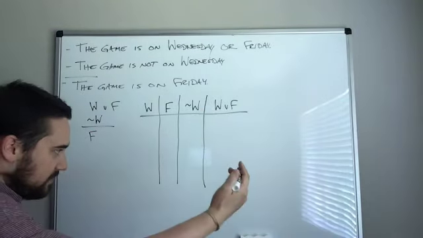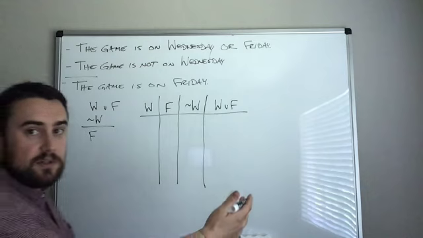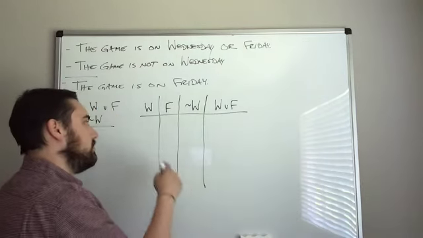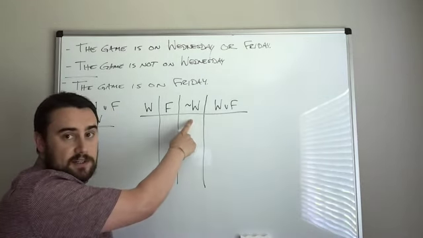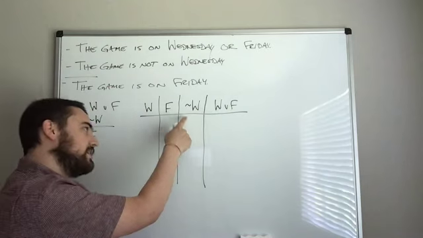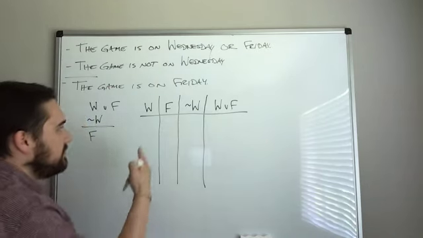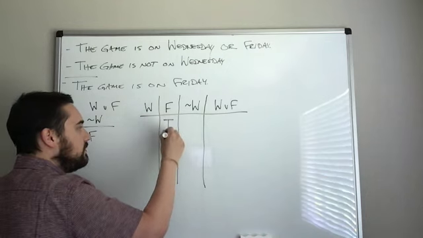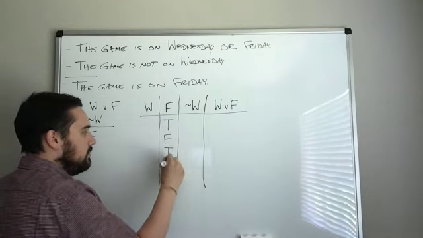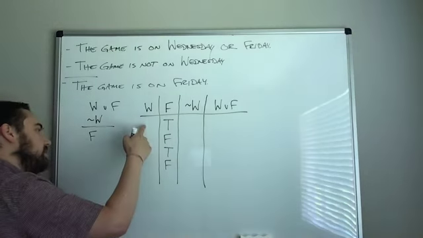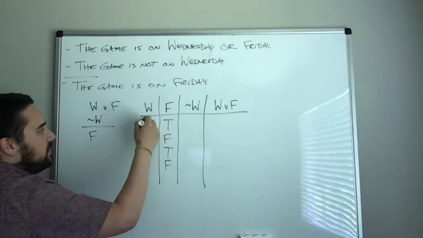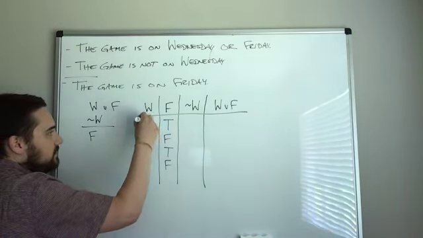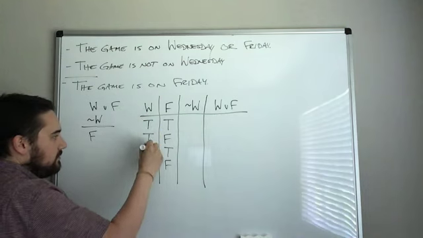And as always, we're going to start with the rightmost atomic sentence. Okay, so note that this is not an atomic sentence. This is a compound sentence because it includes a connective. So the rightmost atomic sentence is F, and as we know, we're going to alternate one by one. True, false, true, false. In the second rightmost column, we're going to alternate two by two, as we've done. True, true, false, false.